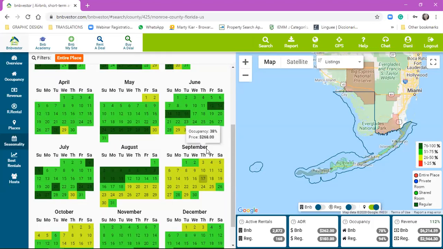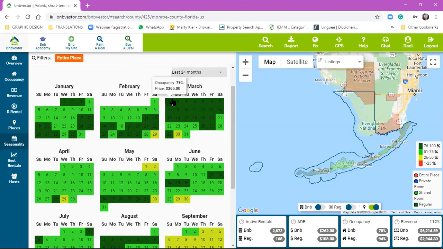So this is where you're going to be able to play with occupancy and the average daily rate. If you see a high peak of occupancy, you can push your average daily rate very high because you're going to have a high season.